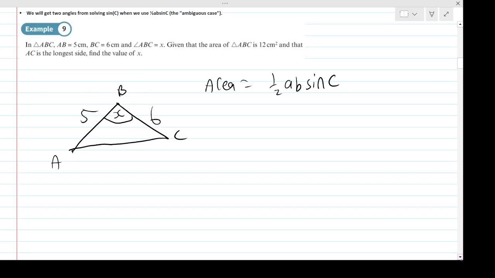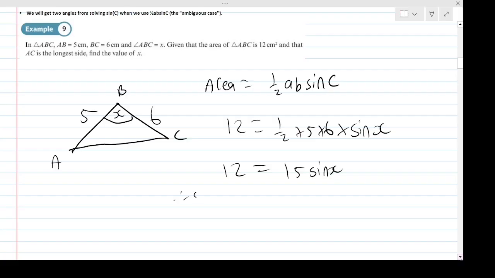So the area, 12, is going to be a half times 5 times 6, the two neighbouring sides to the angle, times sine x. So actually we can solve for this angle x, can't we? If we simplify, a half times 5 times 6 is 15. So we get 15 sine x.